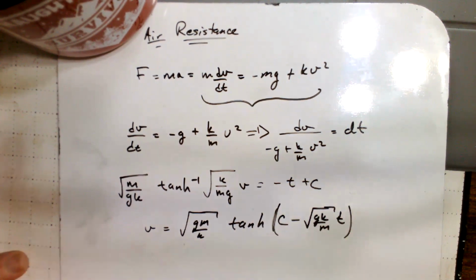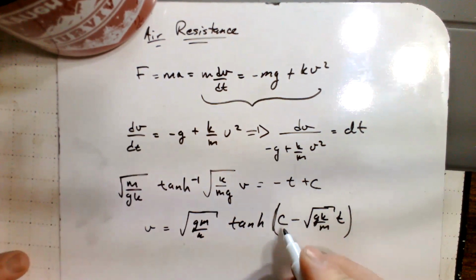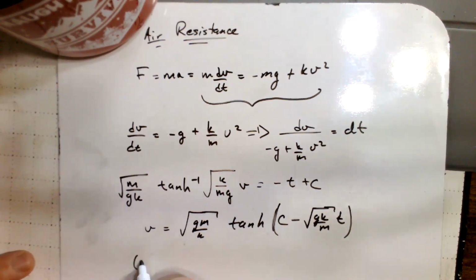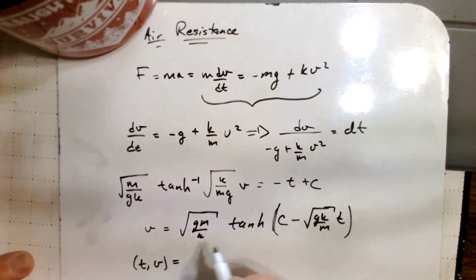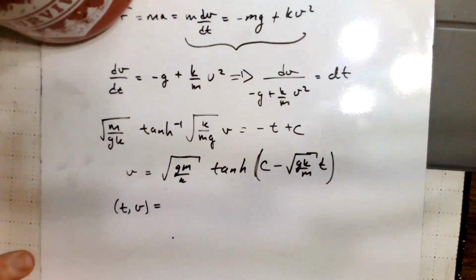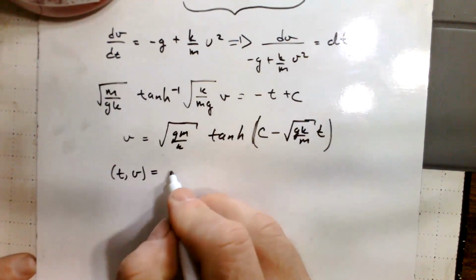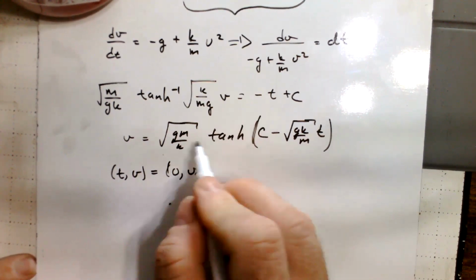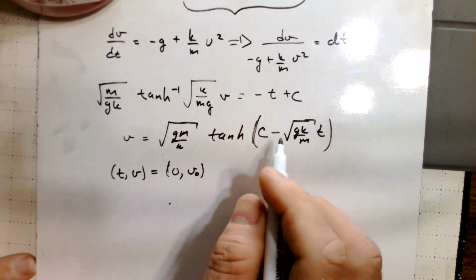To find the constant of this particular integration, if we assume that at time t equals 0 we have v naught as our speed, that will allow us to solve for this constant.